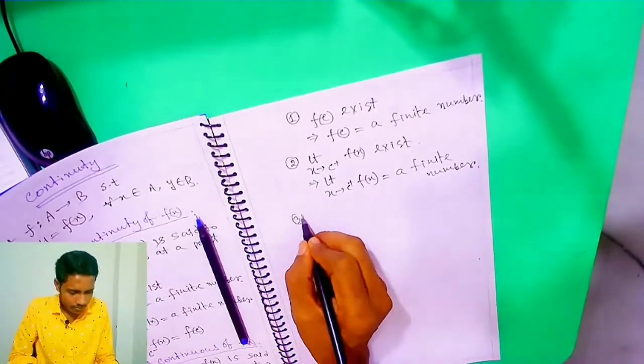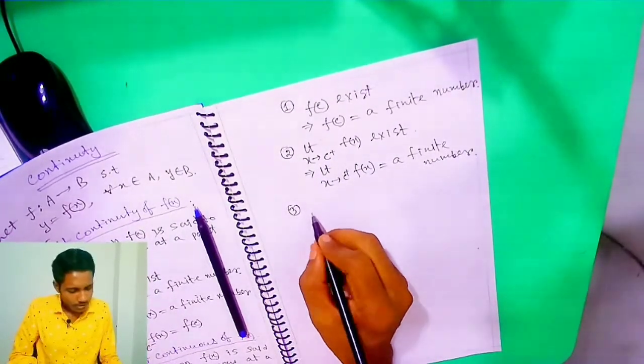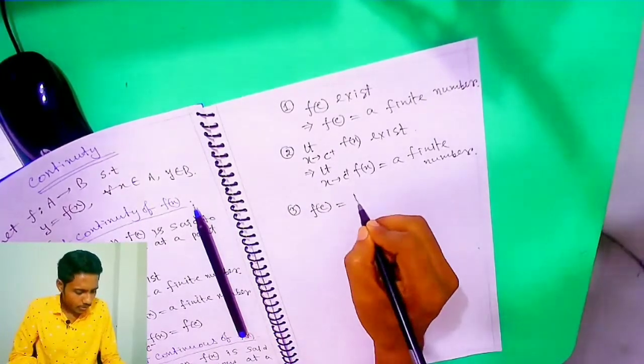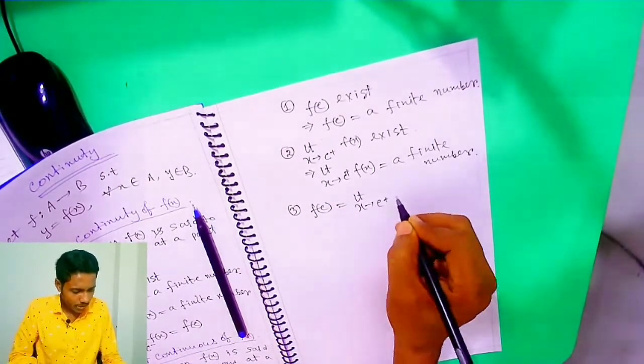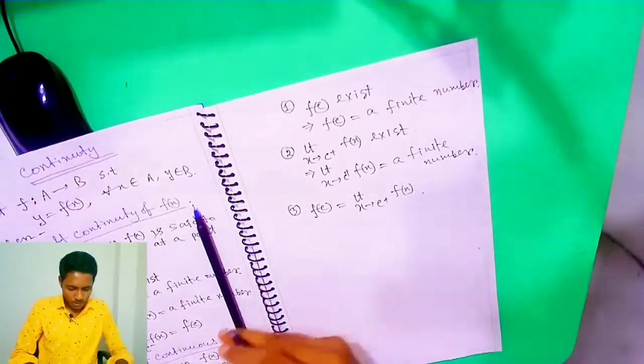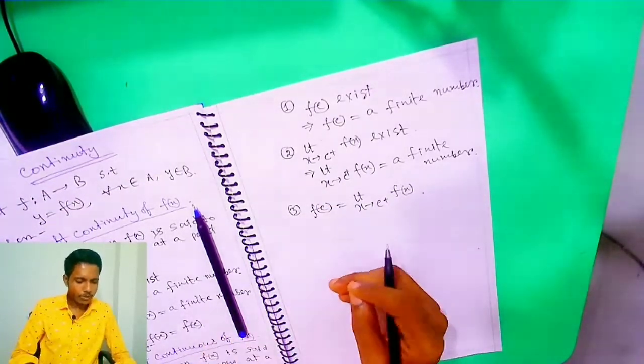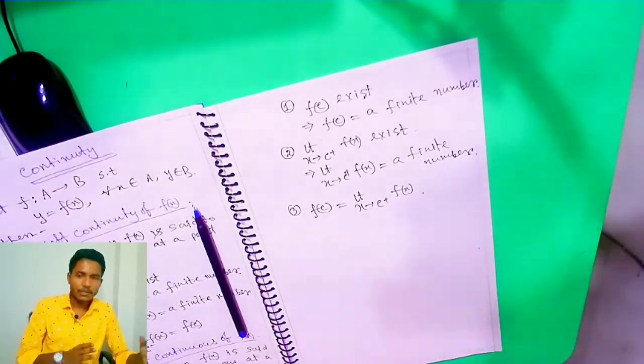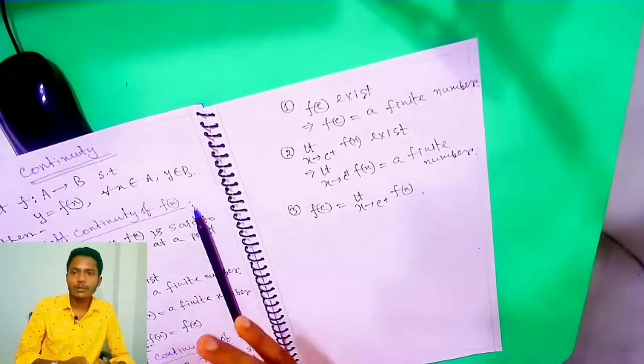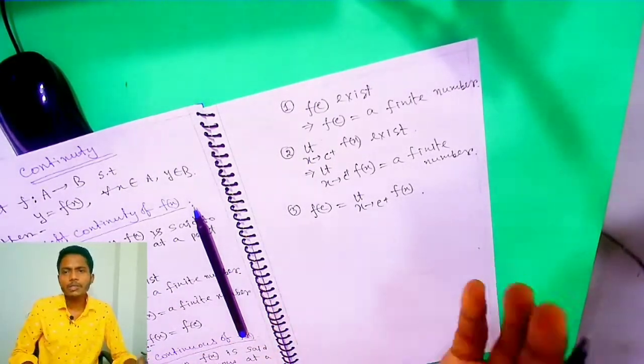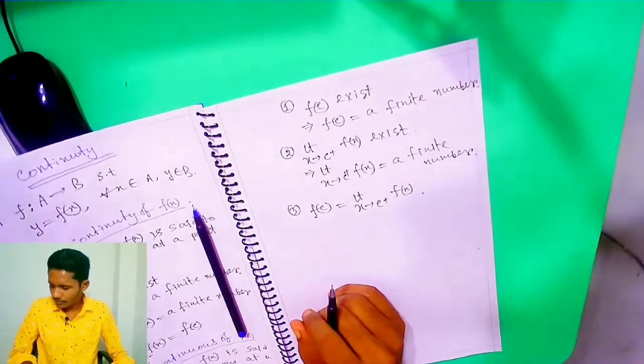Third, f(c) is equal to limit x tends to c plus of f(x). If those three conditions hold at x is equal to c, then we will call f(x) right continuous, or f(x) is continuous from the right side. Okay.